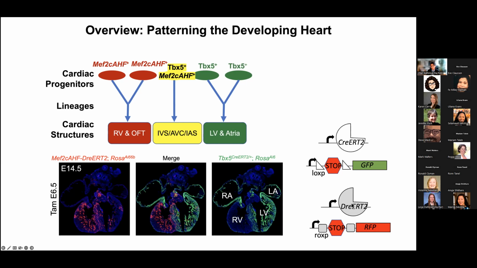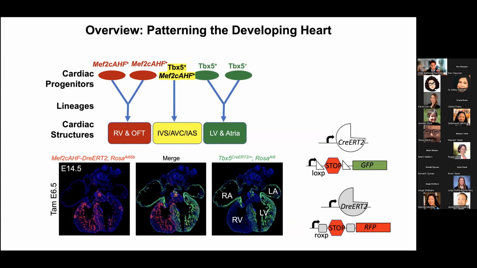This DRE recombinase enters the nucleus, and its targets are slightly different. They're specific and different than the LOXP, but the concept is more or less the same. So the ROXP sites get excised, the stop codon gets excised, and then the red fluorescent protein can turn on. This is how we can visualize both lineages at the same time.